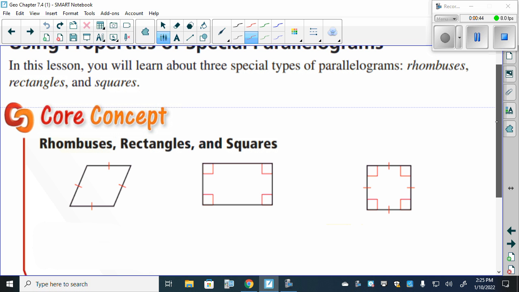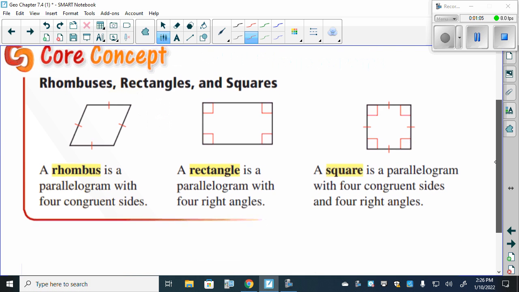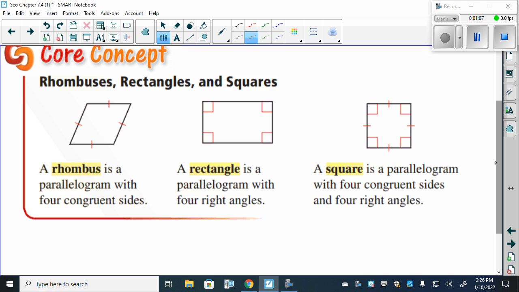What we're looking at today is classifying quadrilaterals based off their properties. Now, a rhombus is a parallelogram with 4 congruent sides.